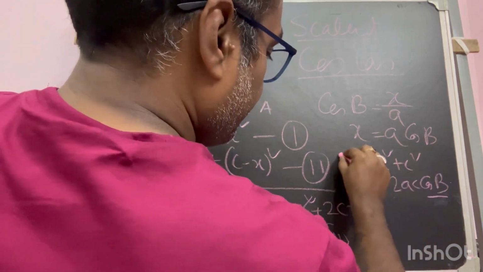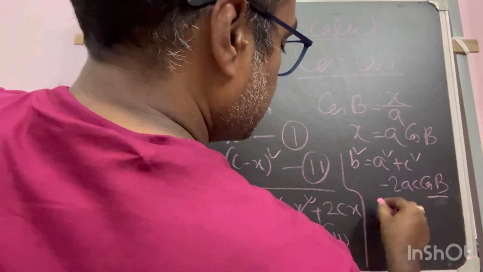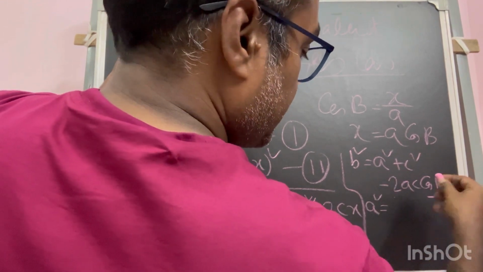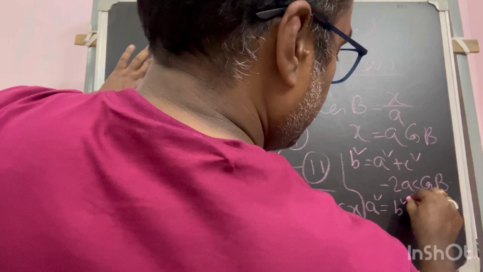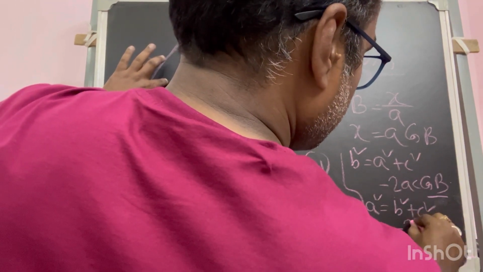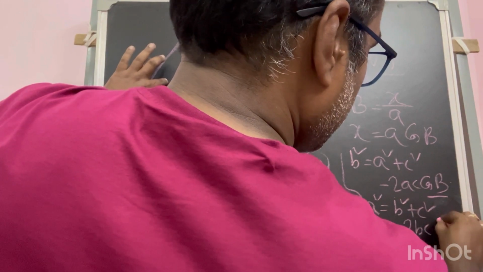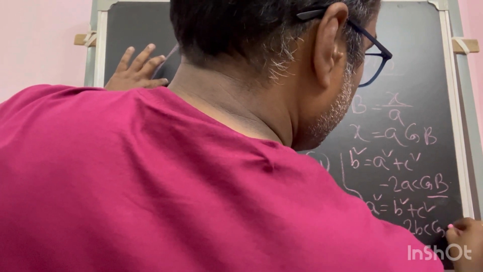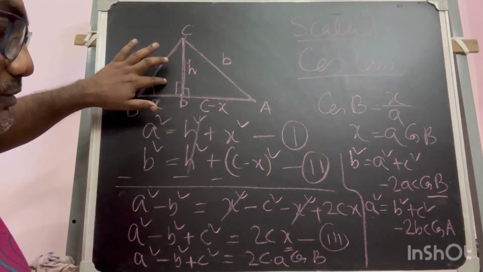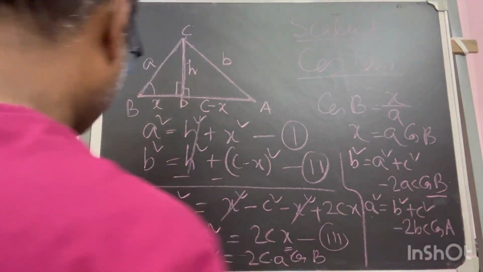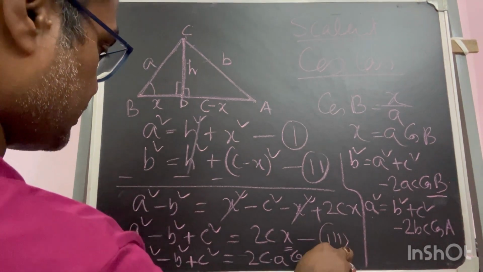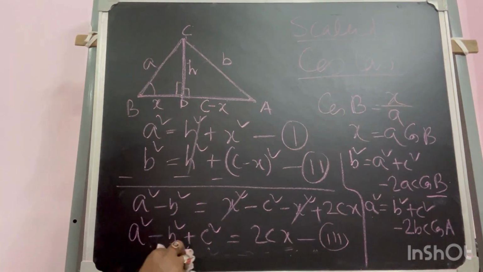So from there, if I want to represent the other sides, that means if I take a square on one side and keep the other two sides, it will be related in the same way. So 2BC, and the angle will follow the side which is on the other side. If I want to prove it like that, I can prove it here also. The third equation came like that.